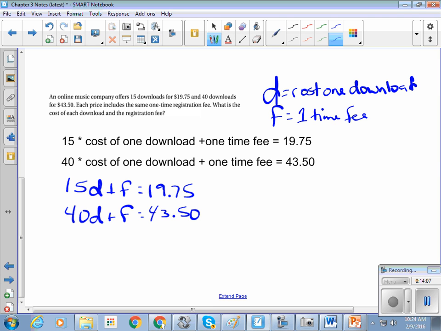In this scenario, does it matter which one I solve for F? No, but preference-wise, I'm going to pick the top one because it has smaller numbers, and I'm more of a simple folk. I like the smaller numbers. And so I'm going to subtract 15D from both sides. So I get F equals negative 15D plus 19.75.